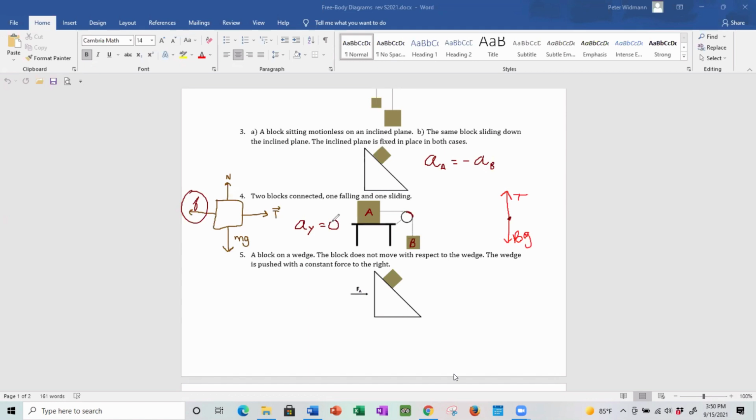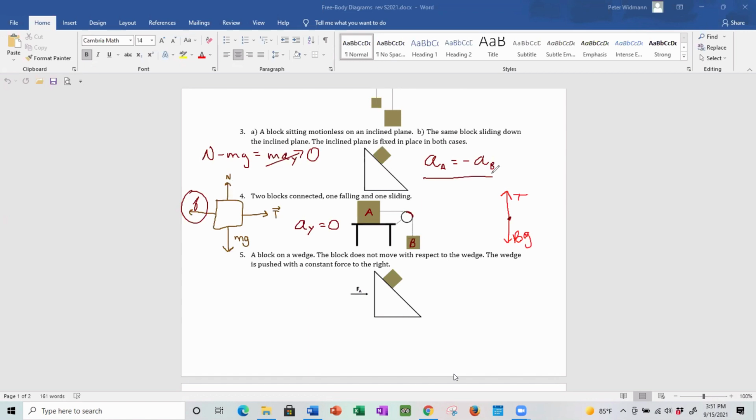So one equation of constraint is that the acceleration of A in the Y direction is equal to 0. This is for A only, because obviously B is accelerating in the Y direction. So that means that N minus mg, which is m a sub y, is 0. That equation of constraint allows us to solve for the normal force.